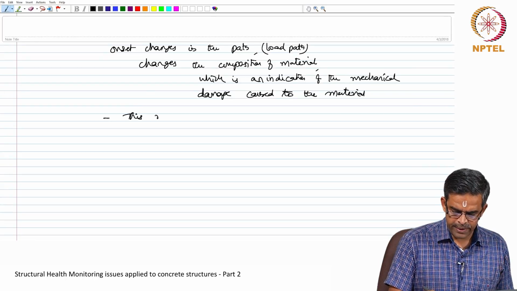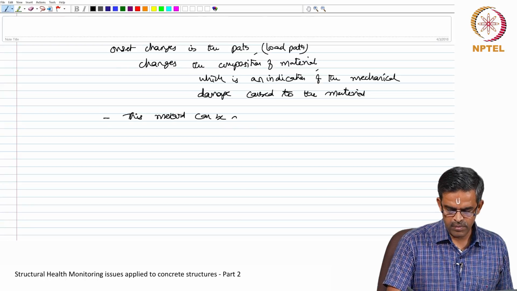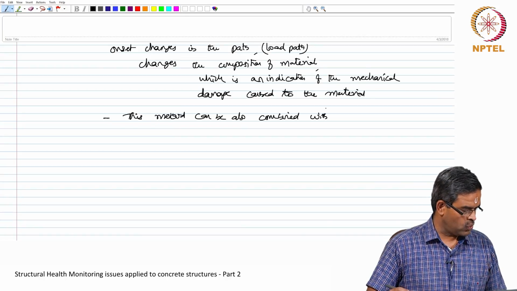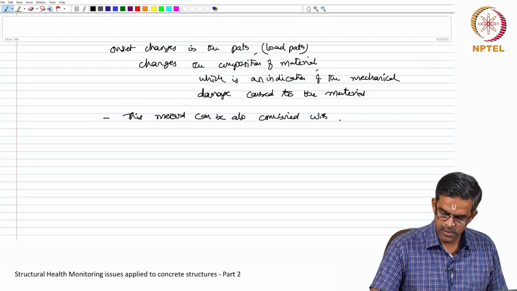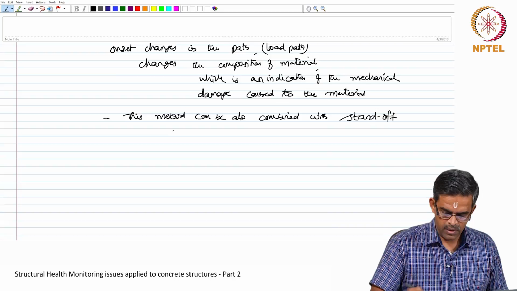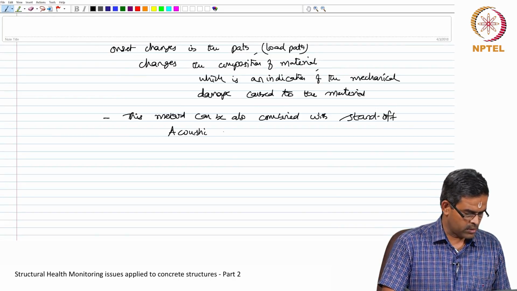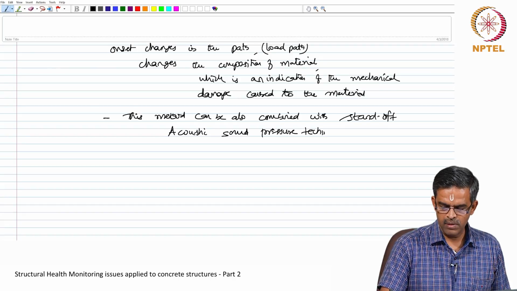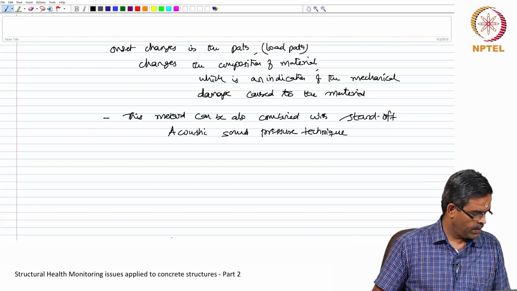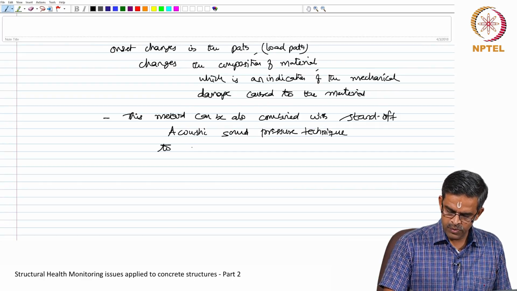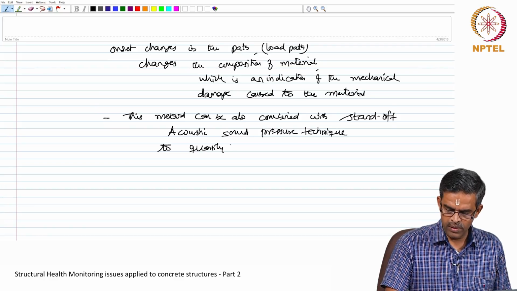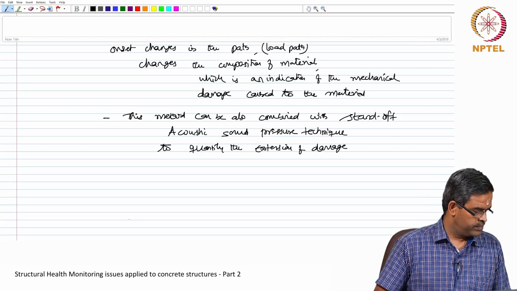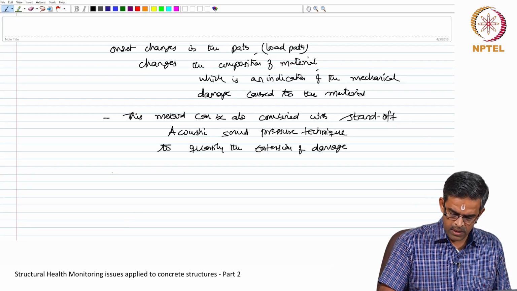This method can be also combined with acoustic source or standoff acoustic sound pressure technique to quantify the extension of damage in this case.